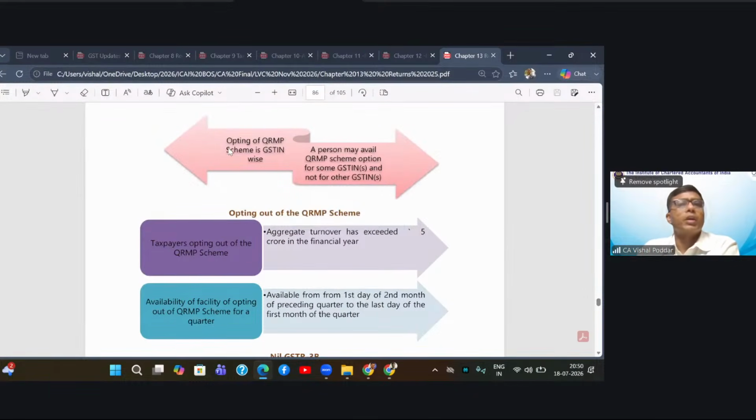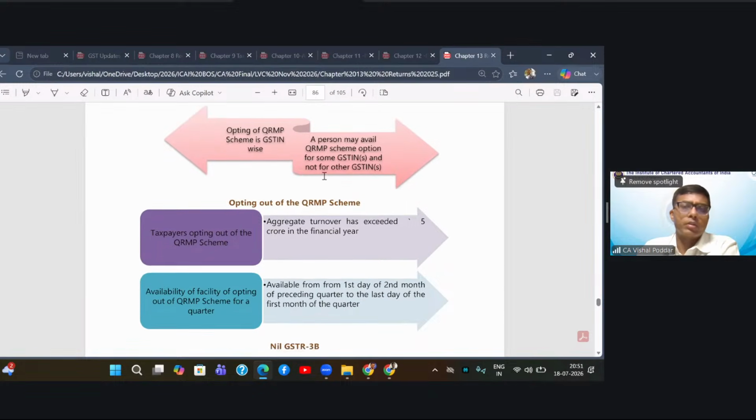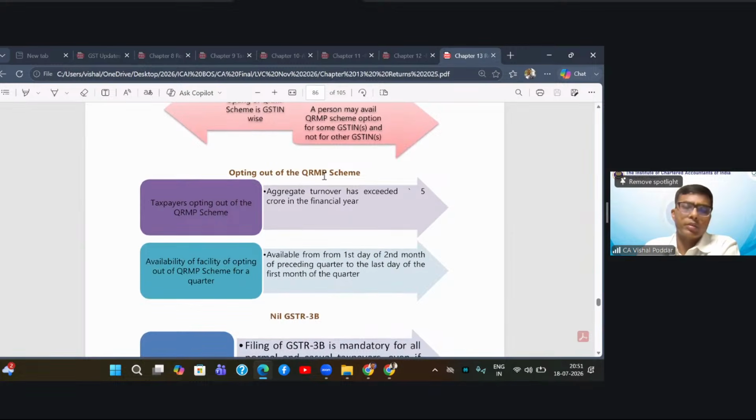Now, you are allowed to opt for QRMP, GSTIN-wise. So if you have multiple registrations, then for some registration, you may avail QRMP, and for some registrations, you may go for the regular method, that is the monthly scheme or non-QRMP.